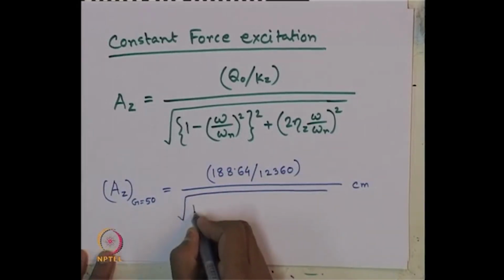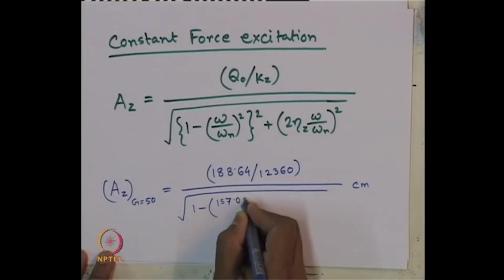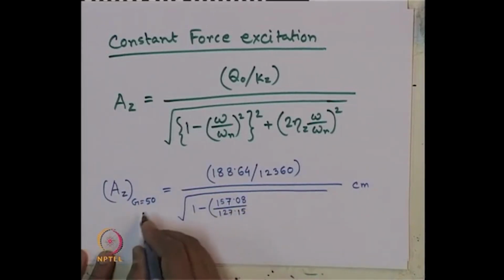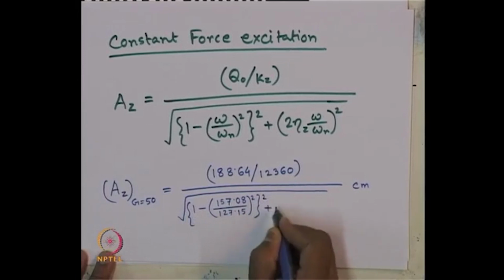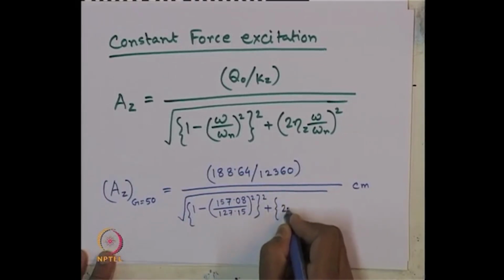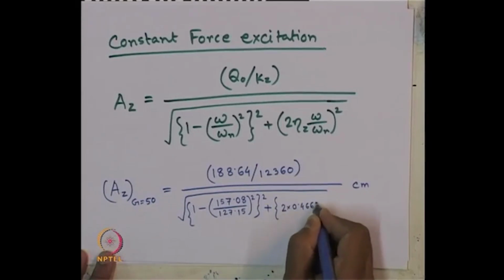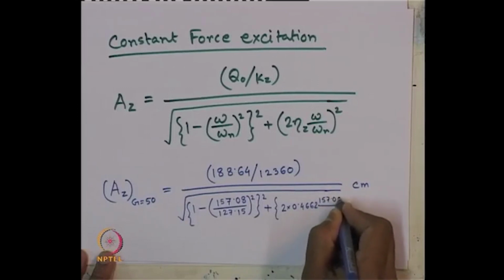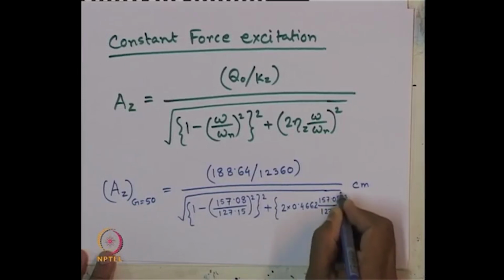Root over 1 minus, operating frequency is 157.08 and omega n is 127.15 for G equals to 50, plus 2 into eta z, which we have calculated for G equals to 50 as 0.4662, into 157.08 by 127.15, this square.